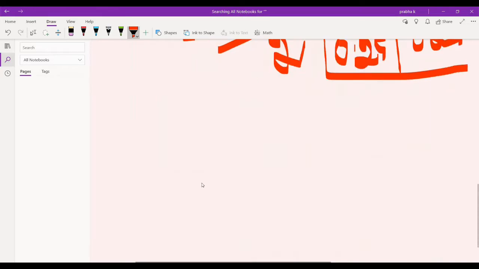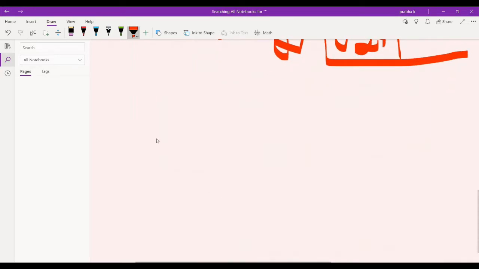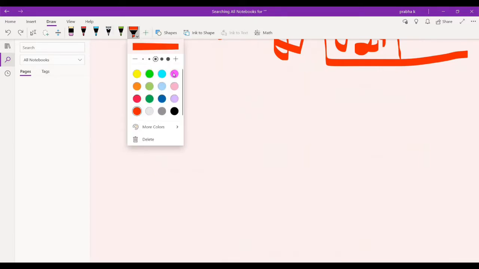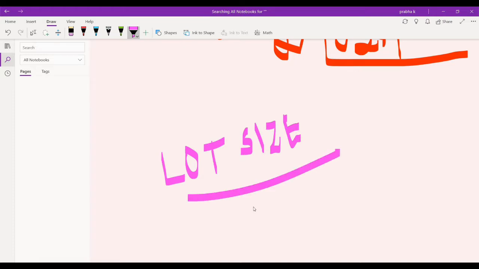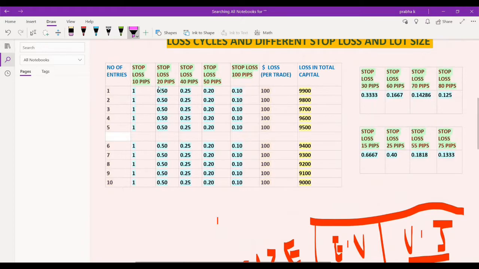If you're trading in 4 pairs, the lot size is divided by 4, as simple as that. Same risk here: 0.50 for 20 pips.